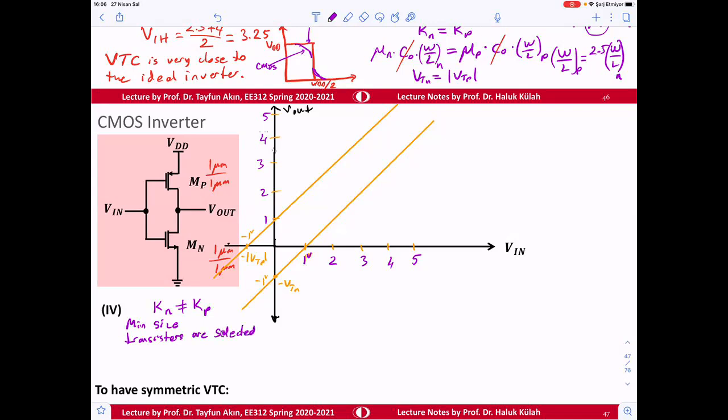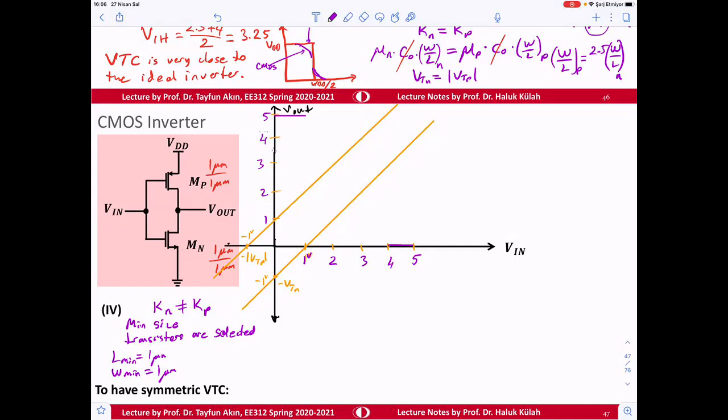L minimum is equal to 1 micron, W minimum is equal to 1 micron. So in the design, if you do that, what will happen? No matter what the W/L ratios are, this will be valid.